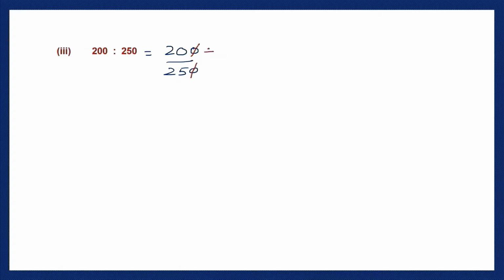I can divide both by a common factor 5. Both are divisible by 5. Now let's see what we get here. 5 4s are 20 and 5 5s are 25. So we have got 4/5. When I write it as a ratio, I get 4:5. So this is my final step. I need to bring it back to a ratio.